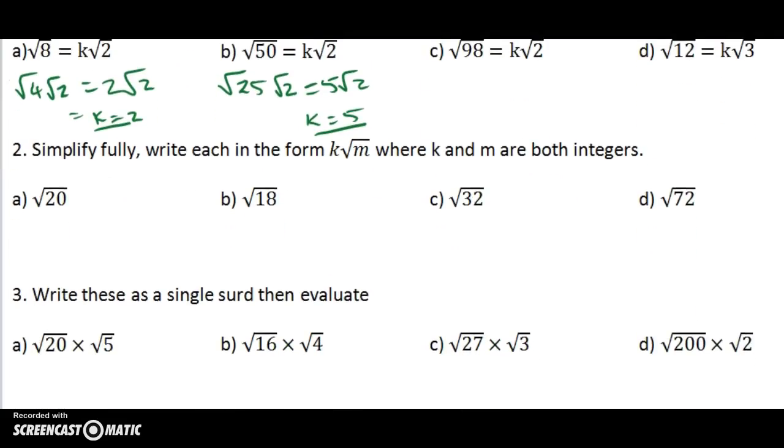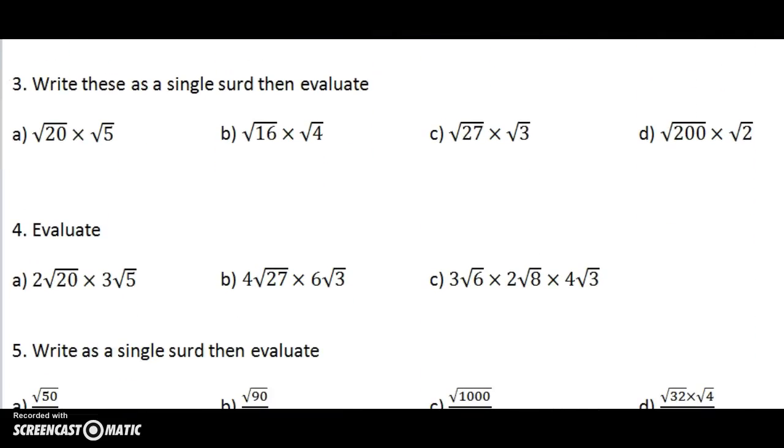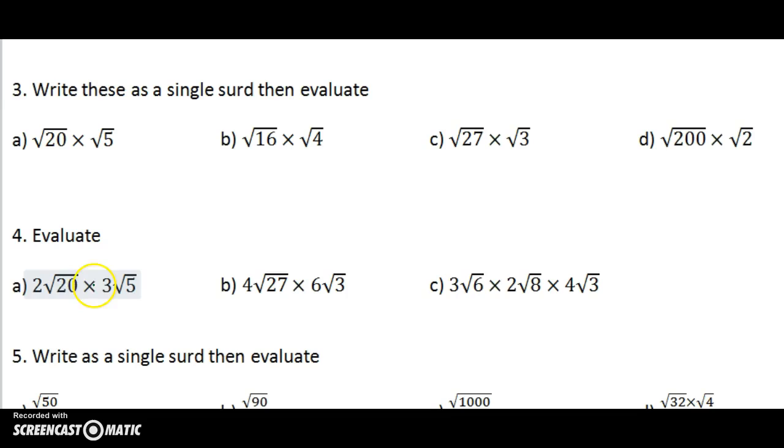We then went on to evaluating something a little bit more complicated. We multiplied out the whole numbers first, so 2 times 3 is 6. Then we started to simplify the surds. The square root of 20 can be split up as the square root of 4 times the square root of 5.